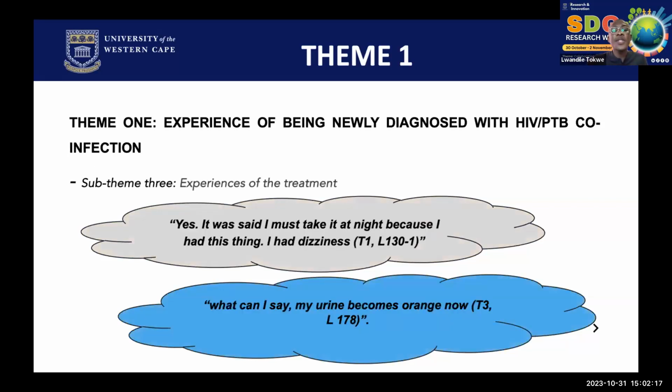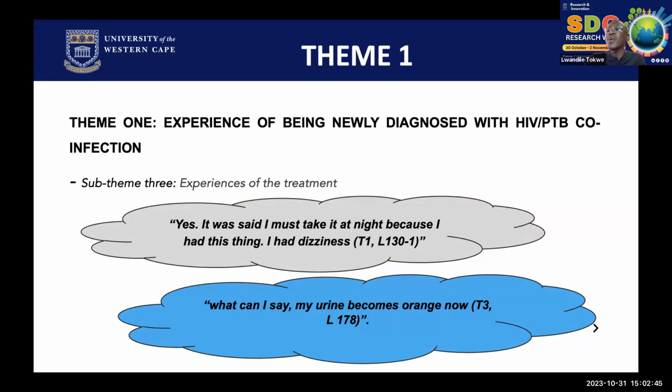And then another sub-theme that emerged under theme 1 was the experience of the treatment. The participants verbalized that the initiation of the medication was accompanied by intolerable side effects. These side effects ranged from drowsiness and changes in urine color, which most of them reported, saying that their urine would turn orange because of the medication, to vomiting, which was common.